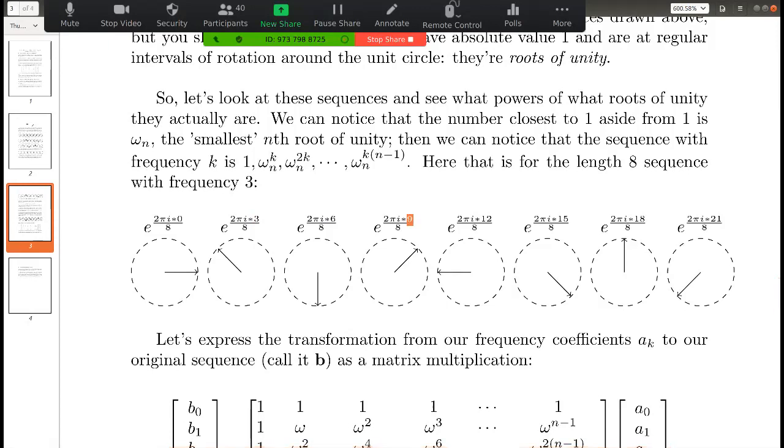So you can draw this very nice correspondence between what the root of unity looks like on the complex plane and what it actually is in the e to the i theta view.